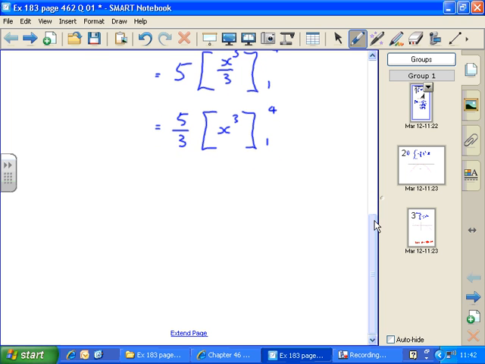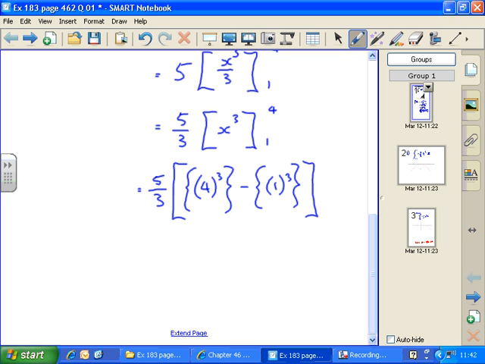Now I'm going to put the limits in, using the convention of curly brackets to represent the fact I'm putting the limits in. So the top limit first, x equals 4 cubed, take away the bottom limit, which is 1, so 1 cubed.